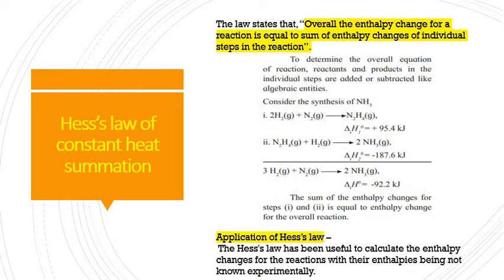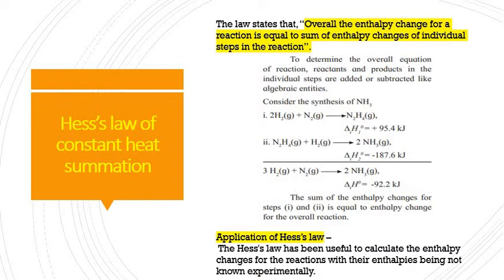The enthalpy change of a reaction depends only on its initial and final state, not on the path which the reaction is taking. To determine the overall equation of a reaction, the reactants and products in individual steps are added or subtracted like algebraic entities. For example, consider the synthesis of ammonia.